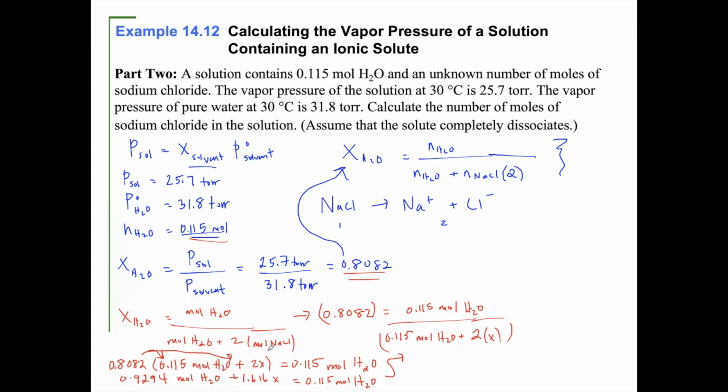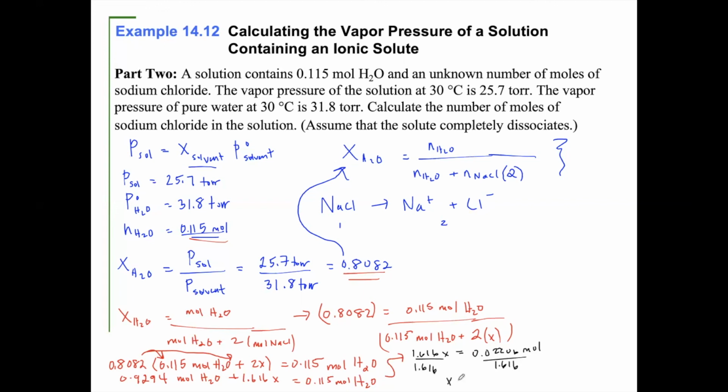So I'm going to subtract 0.9294 from both sides so that I end up with 1.616x equals 0.02206 moles. And then I'm going to divide both sides by 1.616.